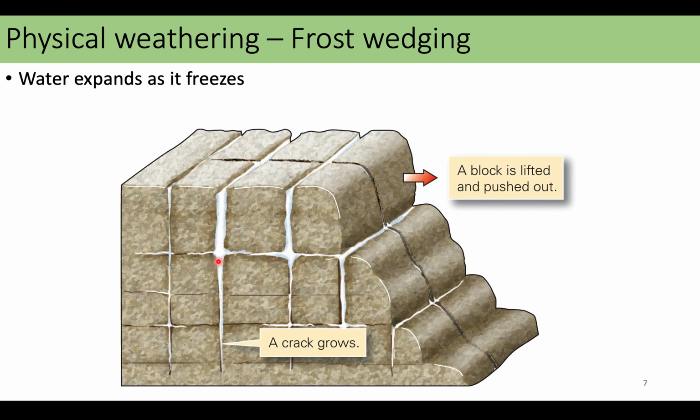There can then be transportation, far distances, short distances, deposition, so depositing those sediments in a new place, and then lithification, which is the creation of the new rock, or cementation, which is cementing the sediments together to create this new sedimentary rock.